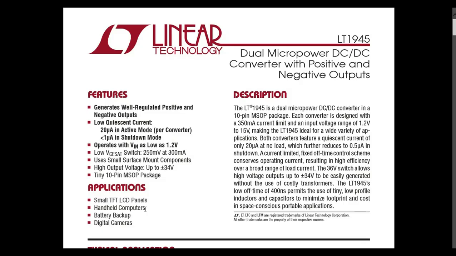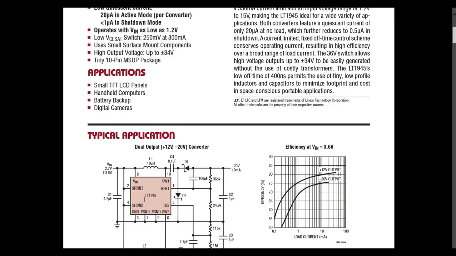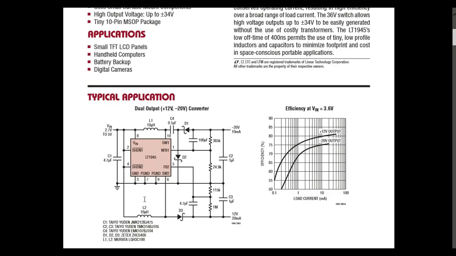If you go and look at the typical application of this circuit using LT1945, here they want to generate the dual output: 12 volt is the positive output and minus 20 volt is the negative output. If you look at the efficiency versus current, the input voltage they are feeding here is 2.7 to 5 volt.